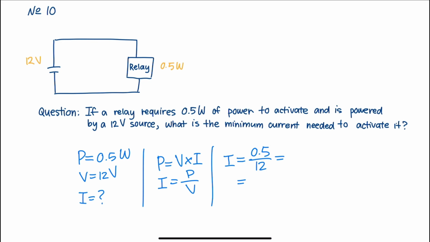If we calculate it, we will get approximately 0.0417 amperes. In this case, we can say that it's 41.7 milliamperes, and if we follow the one significant number rule, we can say we have 40 milliamperes, which is going to be our final answer.